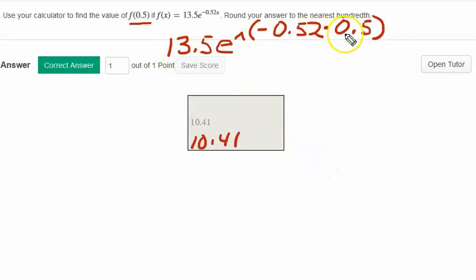Again, try this to see if you get this rounded off.